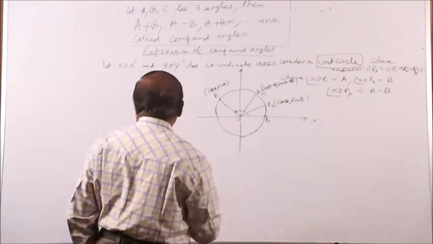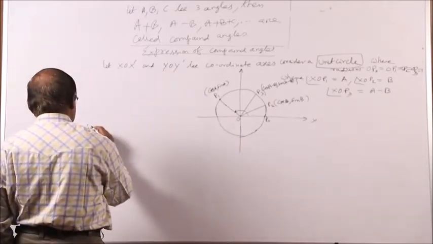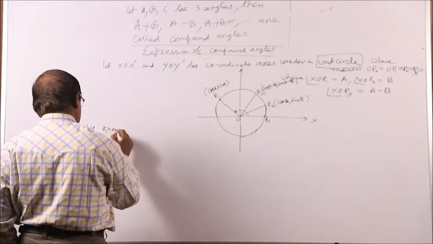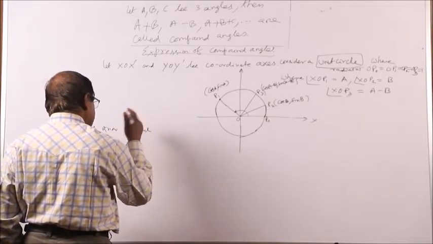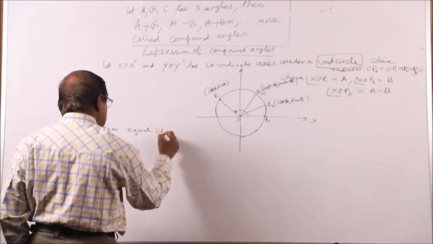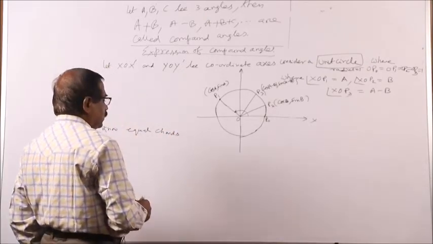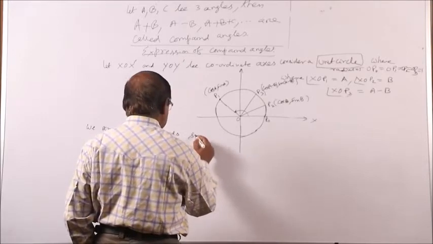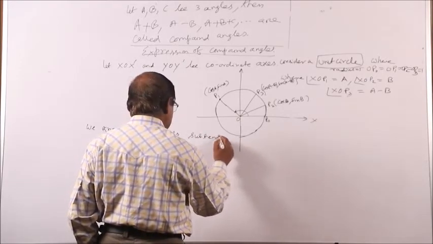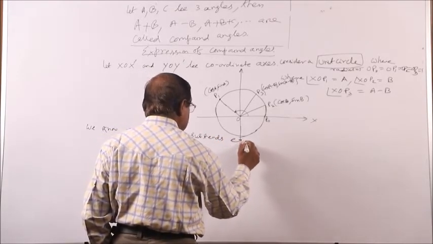We know that equal chords subtend equal angles at the center, if you have read this from high school. That is, equal chords produce equal angles.